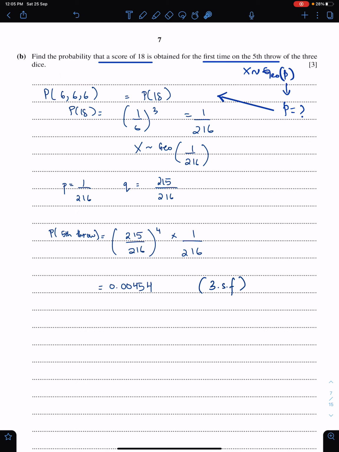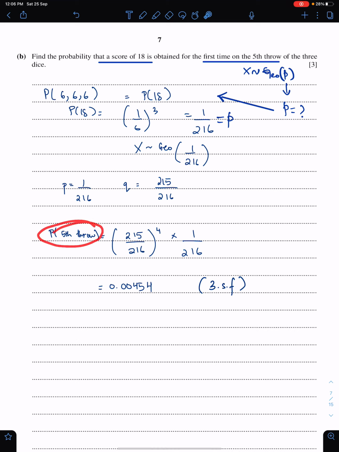So the probability of 18 is 1 upon 6 cubed, because each number has probability 1 upon 6. So this is p of the geometric distribution. Now we need 18 for the first time on the fifth row.